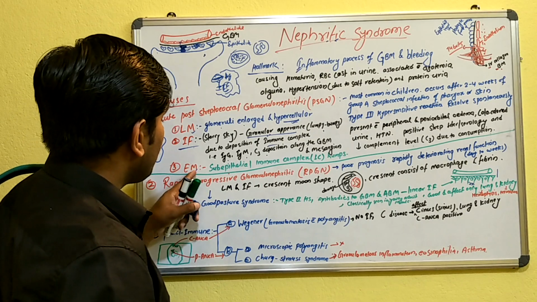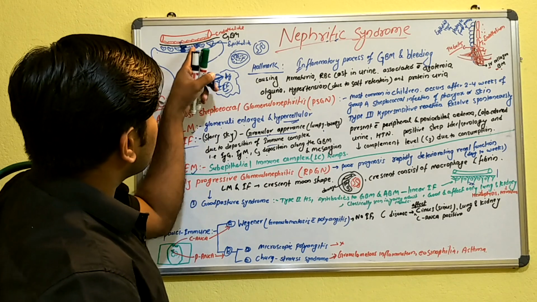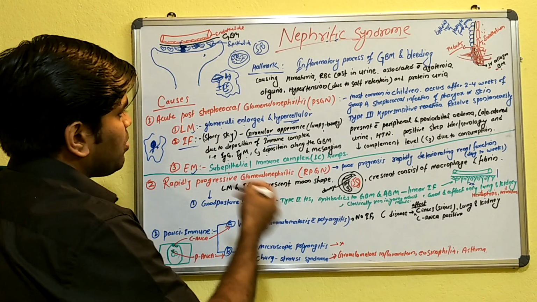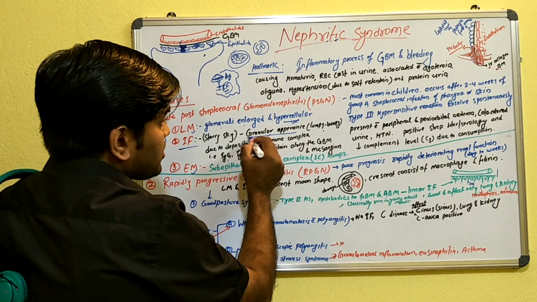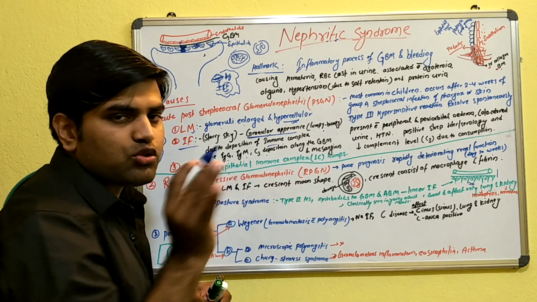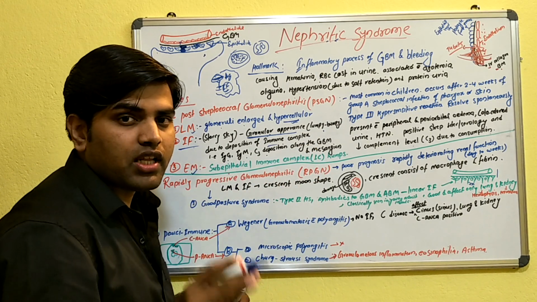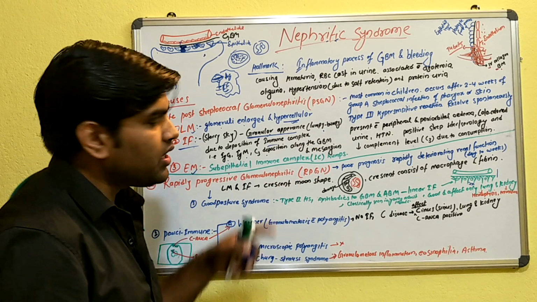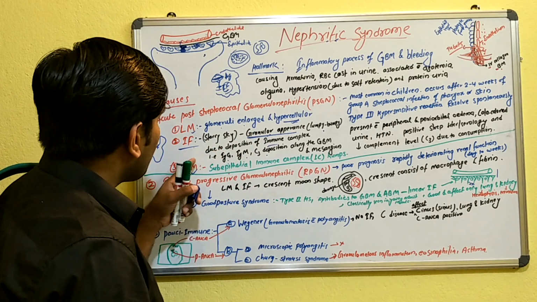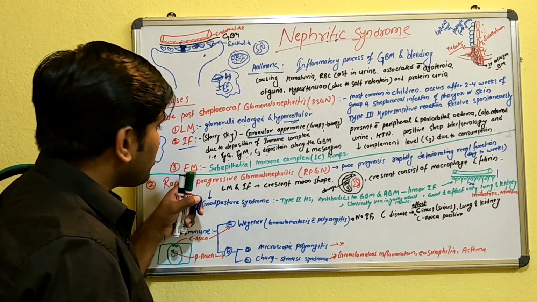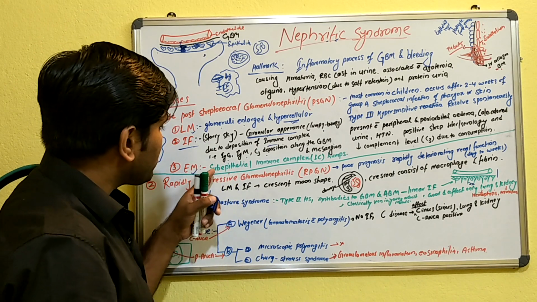So you have understood why I am talking about the subepithelial hump, because there is another disease which has the same granular appearance due to immune complex deposition, and that is diffuse proliferative glomerulonephritis. The granular appearance on immunofluorescence will be the same. Now how will we differentiate? By the electron microscopic finding.